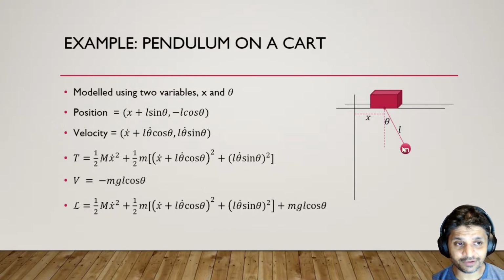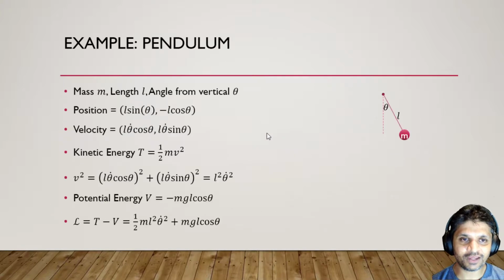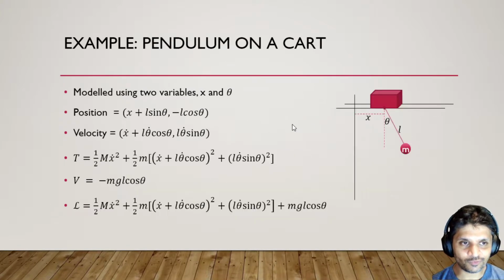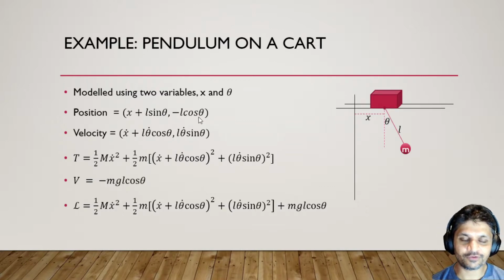If we wanted to figure out what the position of the mass is, we'd say that it's equal to x plus L sine theta, comma, minus L cos theta, right? It's exactly the same as the one for the pendulum that was hanging from a fixed point, except that now we need another variable because the cart can move. Depending on where the cart is, it becomes x plus L sine theta, comma, minus L cos theta.